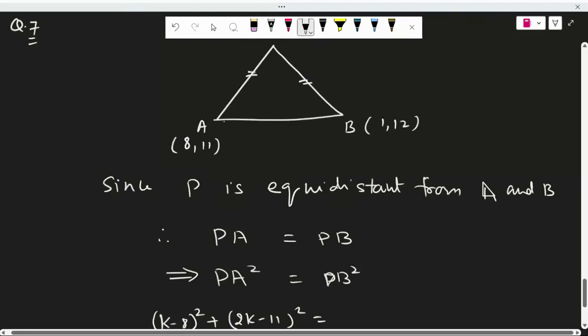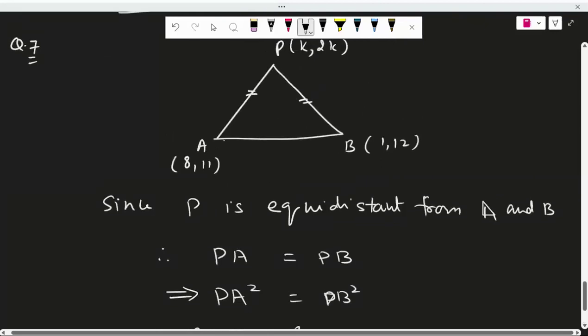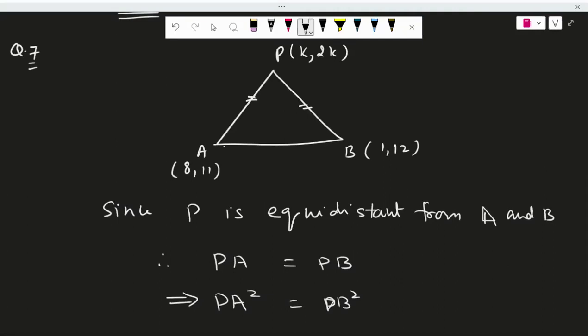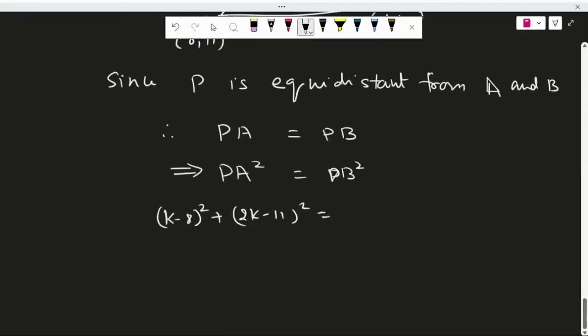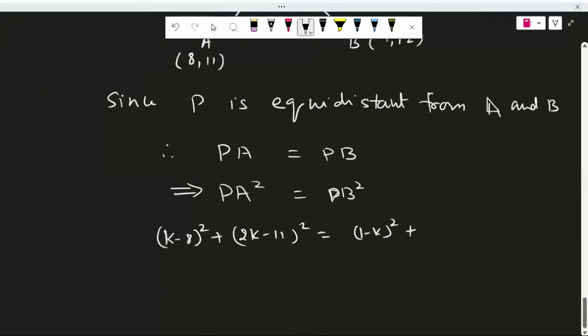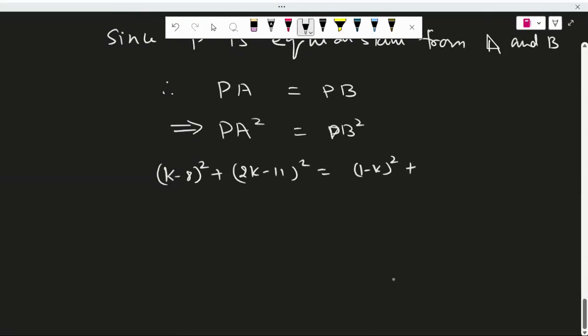Tell me, what will you write for PB square? (1 minus k) square plus (12 minus 2k) square.